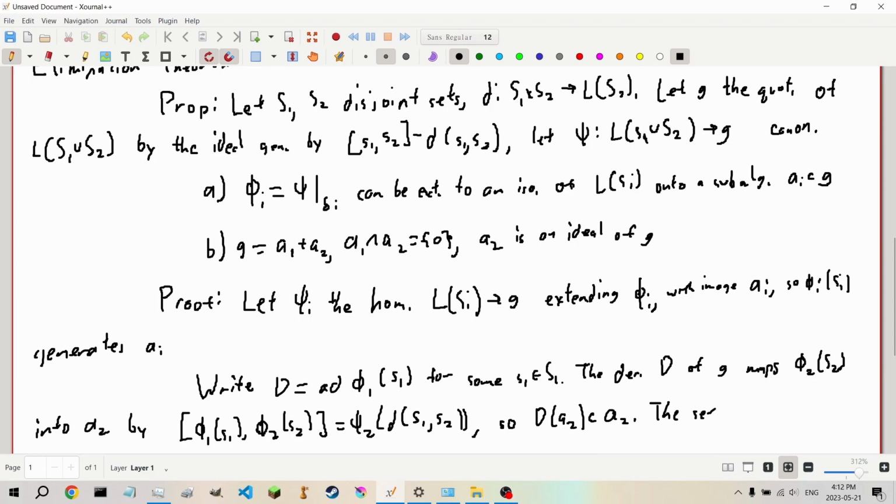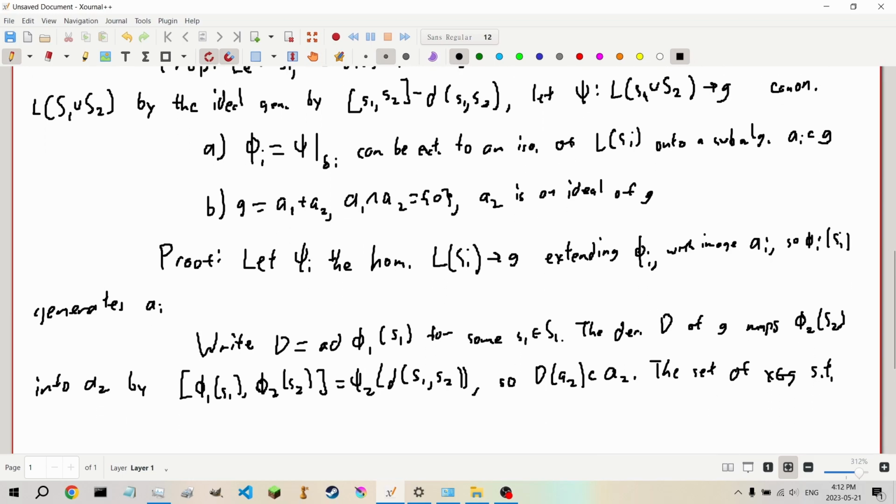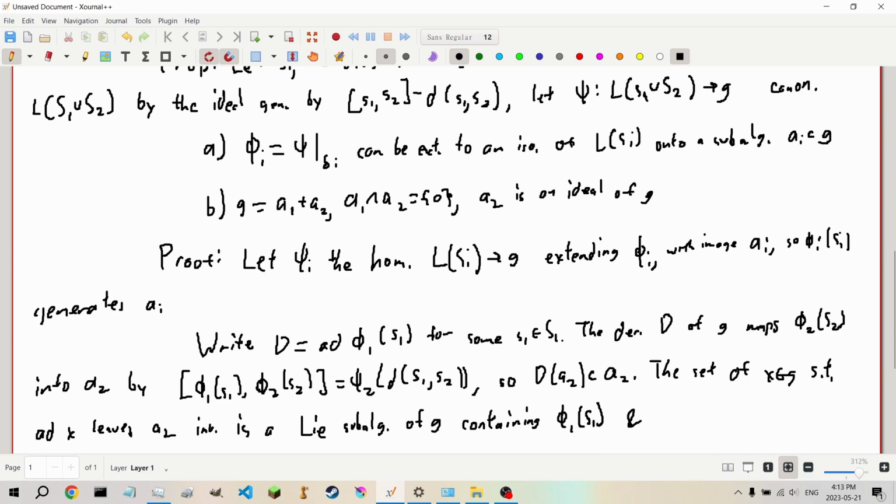The set of x in G such that their adjoint leaves A2 invariant is a Lie subalgebra of G containing phi1 of S1 by the above, and hence A1.